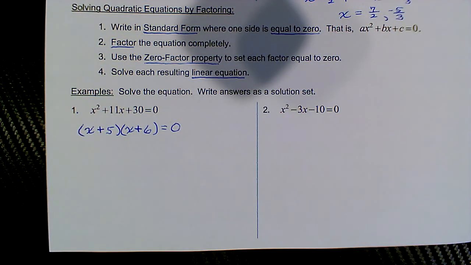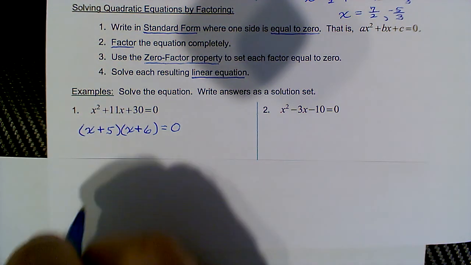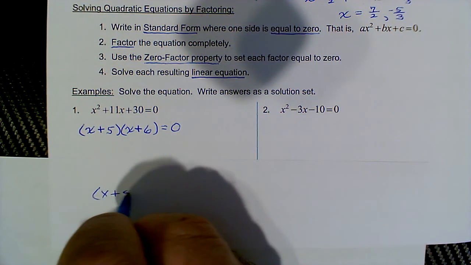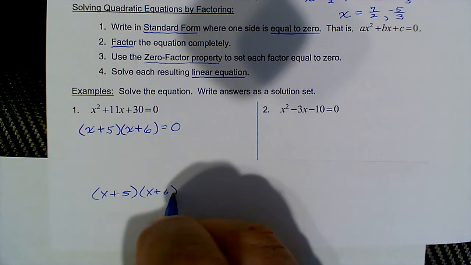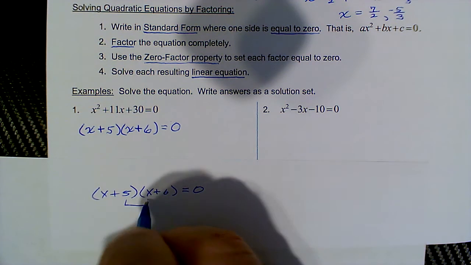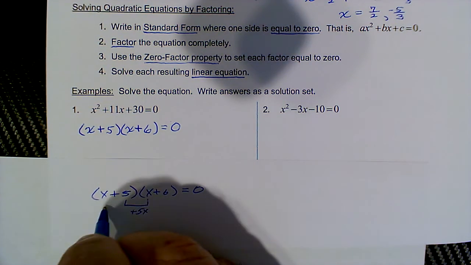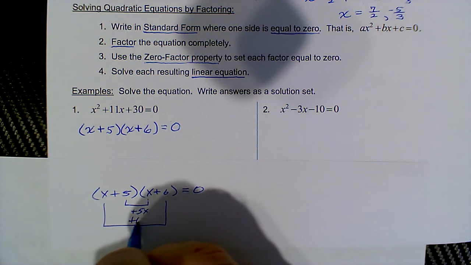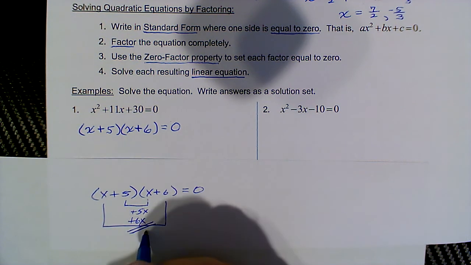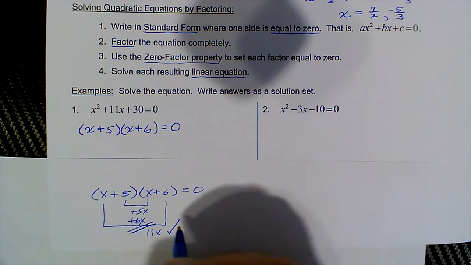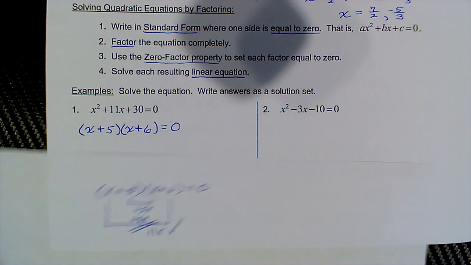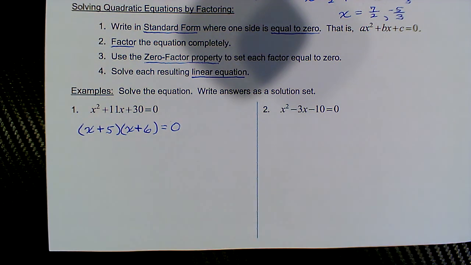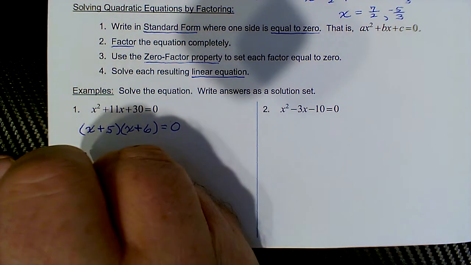And what you could do is, if you have trouble factoring, just take it off to the side. So I've got some scrap paper here. And do your little check. This goes plus 5x, plus 6x, that's 11x positive, which checks. So once you complete the factorization, then we could use the zero factor property.